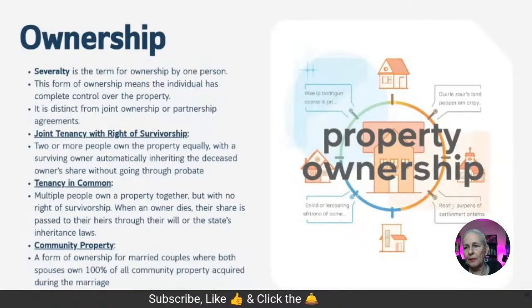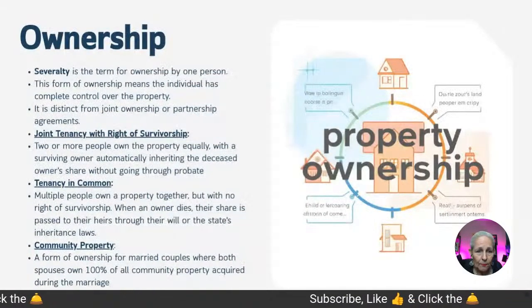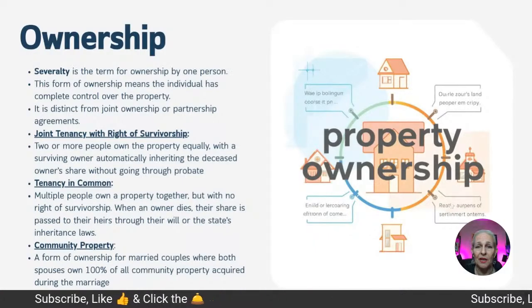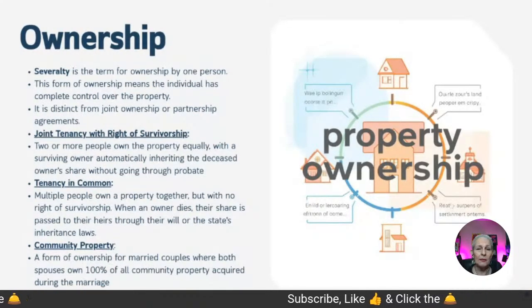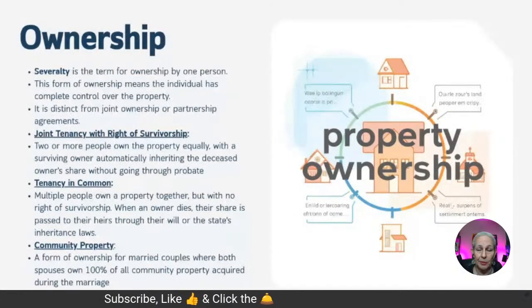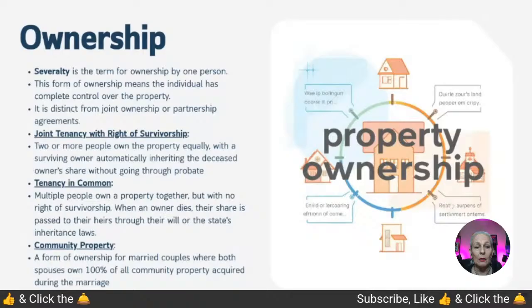They bought it at the same time and they have equal ownership, equal use and enjoyment of the property. So if there's 4 people, they each own 25%. And it has to be on the same deed, the same percentage, same closing period, and all people are listed.